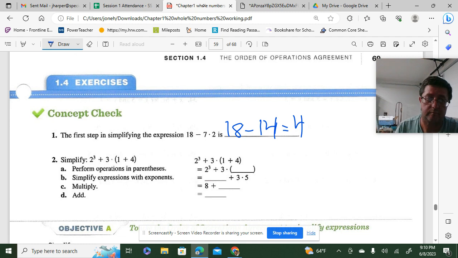Now, simplify 2 to the third power plus 3 times (1 plus 4). They actually do have the dot in there for times, but they could have just put the 3 right next to the parentheses. But we go 3 times 1 plus 4. We can add the 1 and the 4 and get 5.